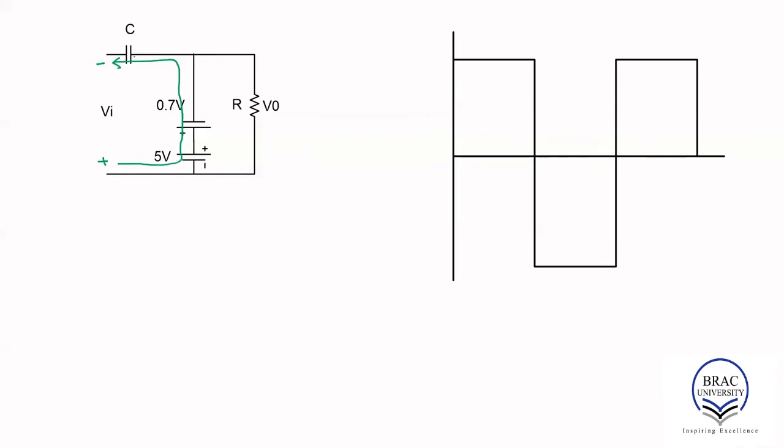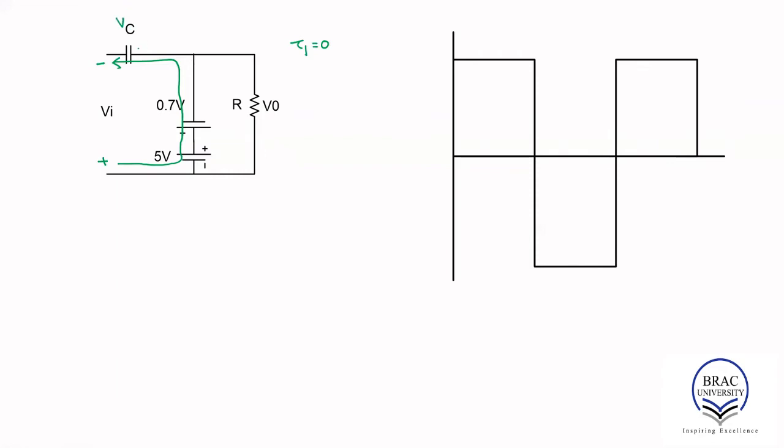As the current is flowing to the capacitor, we know that the capacitor is charging up, and it will be charging up instantaneously because tau 1 equals 0. The capacitor will be charged up instantaneously, and it's going to develop a voltage across the capacitor, which we call Vc.